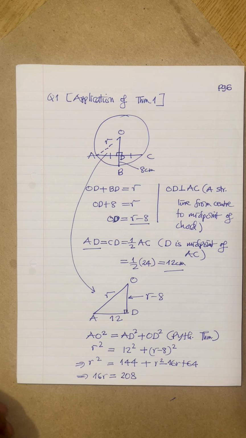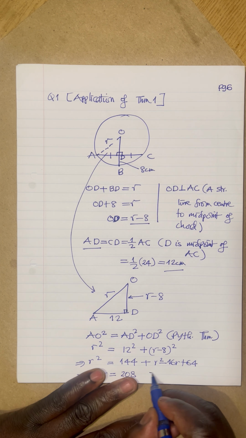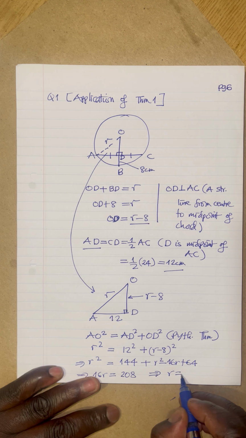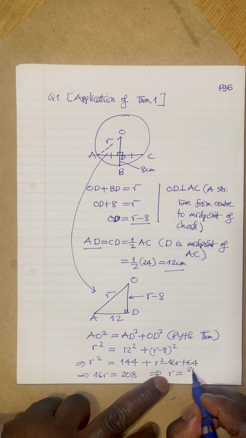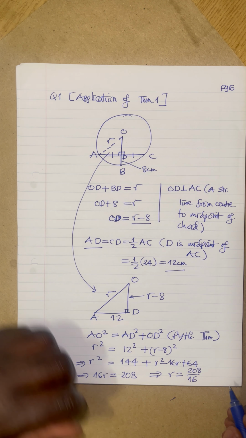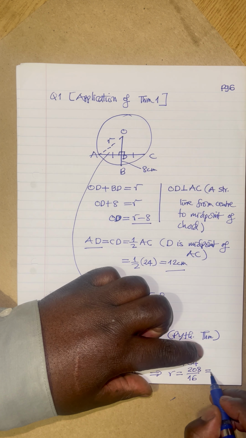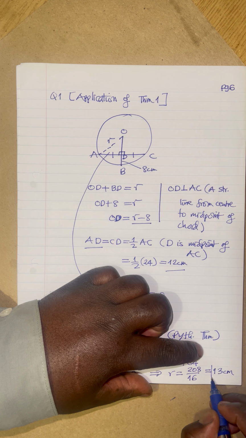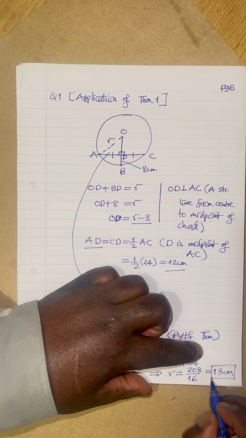And solving for r here, this implies that r will be equal to 208 over 16. Make sure you agree with me that this is actually 13. So our value of r is 13 centimeters.